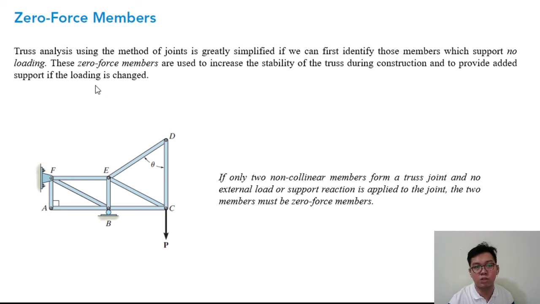Now, if the loading is changed, mababago yung support, and then pwedeng hindi na siya zero force member. For example, itong load nandito na sa itaas, so pwedeng hindi na. Now, let's try to remember ito. Ito yung first condition. If only two non-collinear members form a truss joint, alam nyo yung non-collinear? By the way, ang collinear is same line.